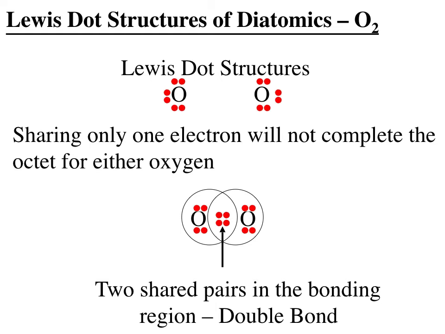So unlike fluorine, where there was a need to share 2 electrons total between the 2 Fs, here we have 4 electrons shared between the 2 Os. And we think of these in terms of pairs. So we have 2 shared pairs, which we call a double bond between the oxygens. Later we'll compare and contrast the properties of double bonds with the properties of single bonds.